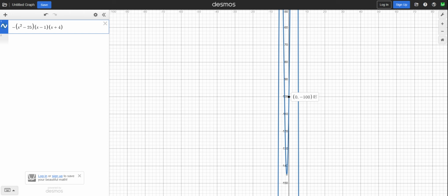Yeah, that's a really bad graph, but I don't care. Here's my negatives. Ooh, I got 3 negatives.